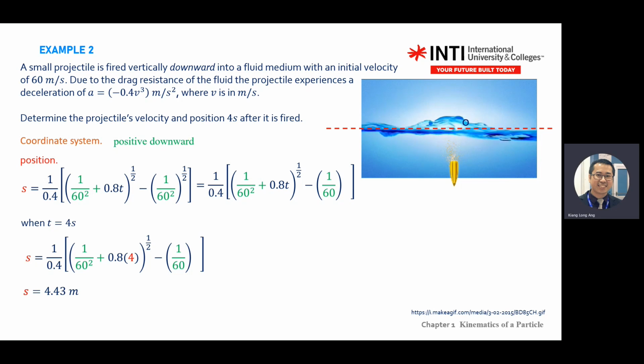Mark your answer. Always draw your coordinate system. Where is positive? In this case, I assume go down, to analyze the problem.